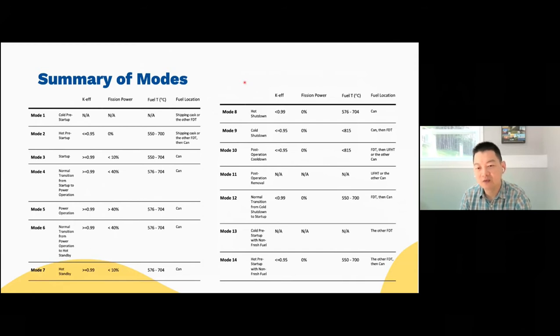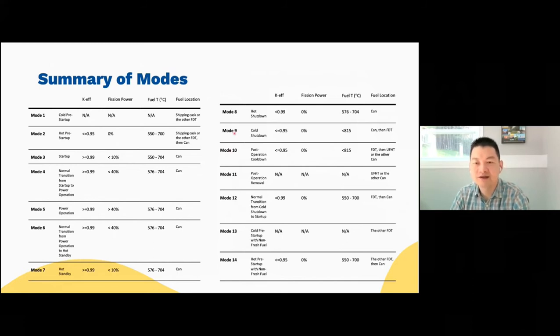And then we also reuse the fuel salt. So we're not just throwing the fuel salt away. When we replace the cans, we reuse the fuel salt. So those modes from 11 to 14, those basically are added for the modular design and fuel salt transfer.